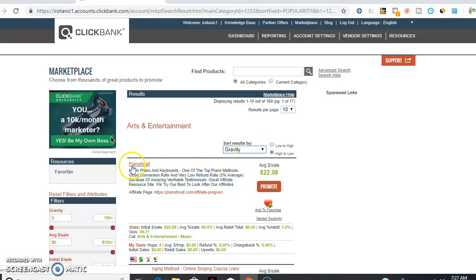I can see the piano. This is a kind of training, some training website or something, that people are promoting well and it's converting very well. Okay, as you guys can see, $22.8 is the price.